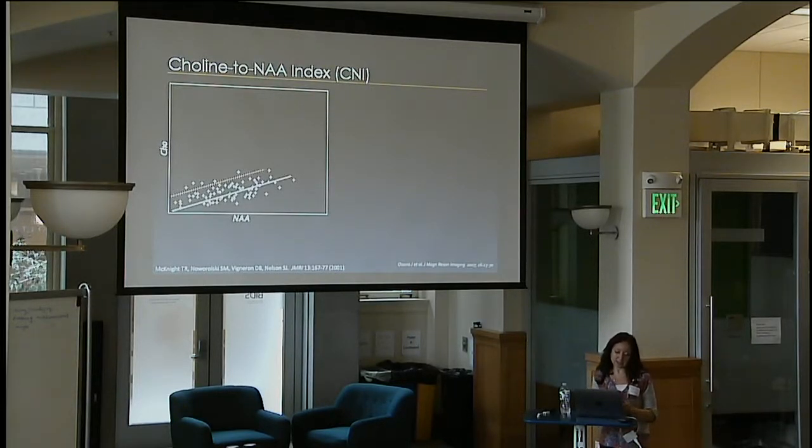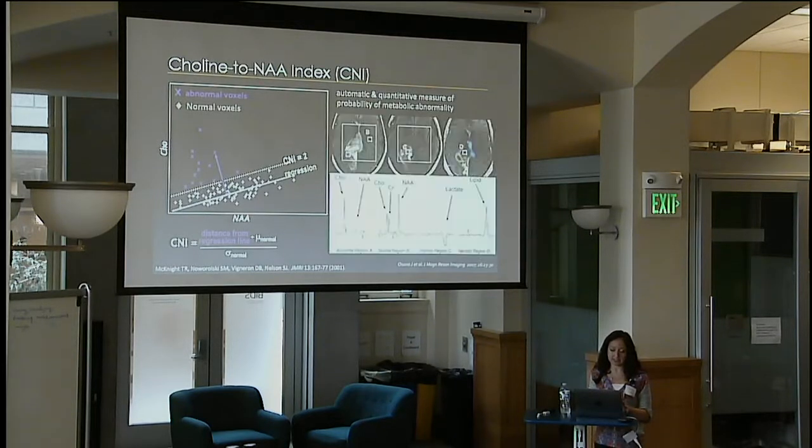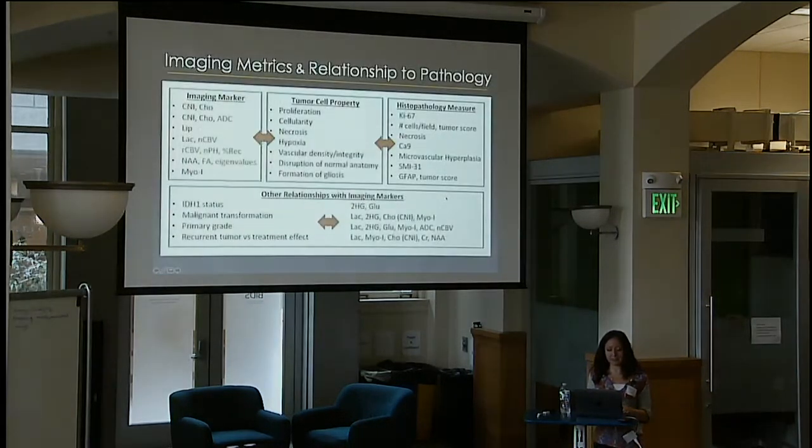You keep applying this to get your normal regression line, and then the distance to this line would be your CNI index. The further away from normal, the higher your CNI index. So it's a good automatic quantitative measure of metabolic abnormality, and it's been used to show spatial heterogeneity, as well as looking at the levels of lactate and lipid.